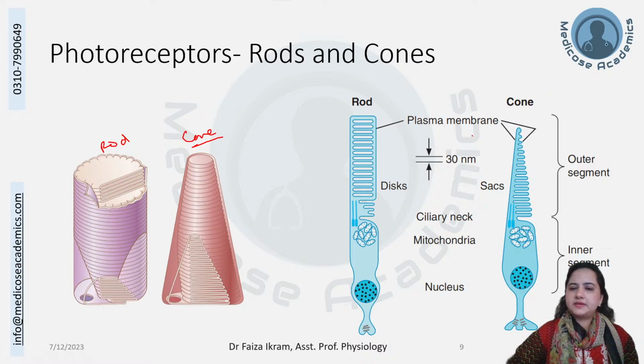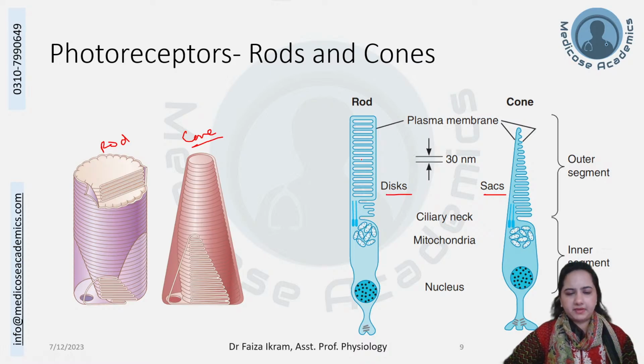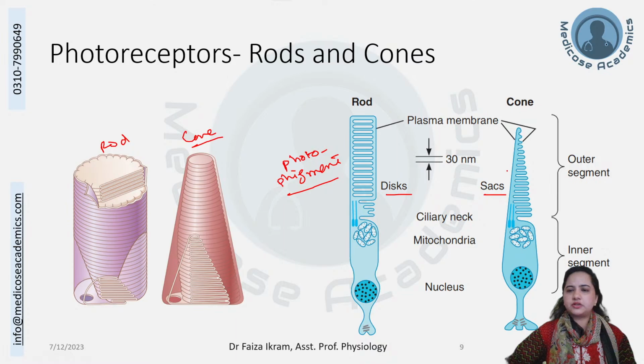If we look at their subcomponents, both rods and cones have an outer segment. In the outer segments, they have shells in their membranes, sacs or discs in the cones and rods. They are there to hold the photopigment. The photopigment is present in the form of transmembrane proteins in the shells of rods and cones within the outer segment.